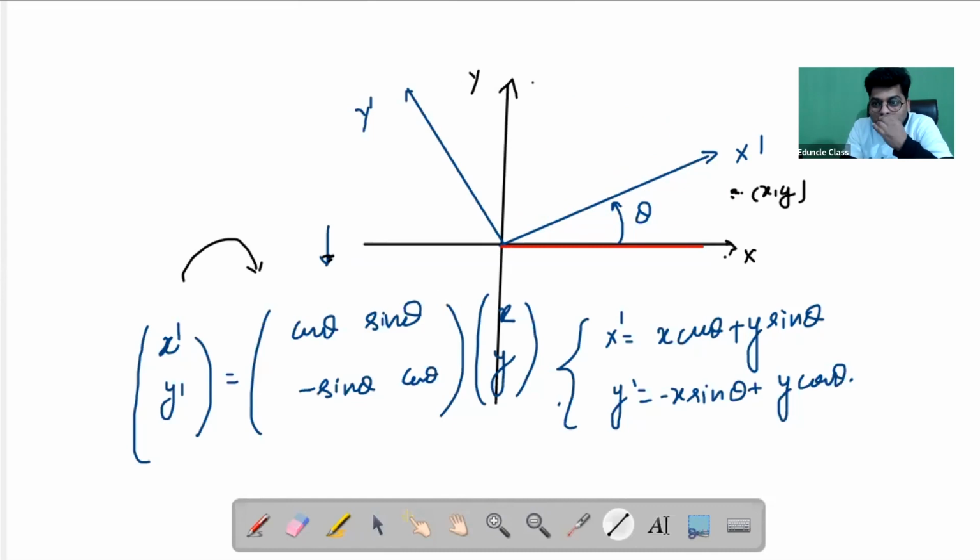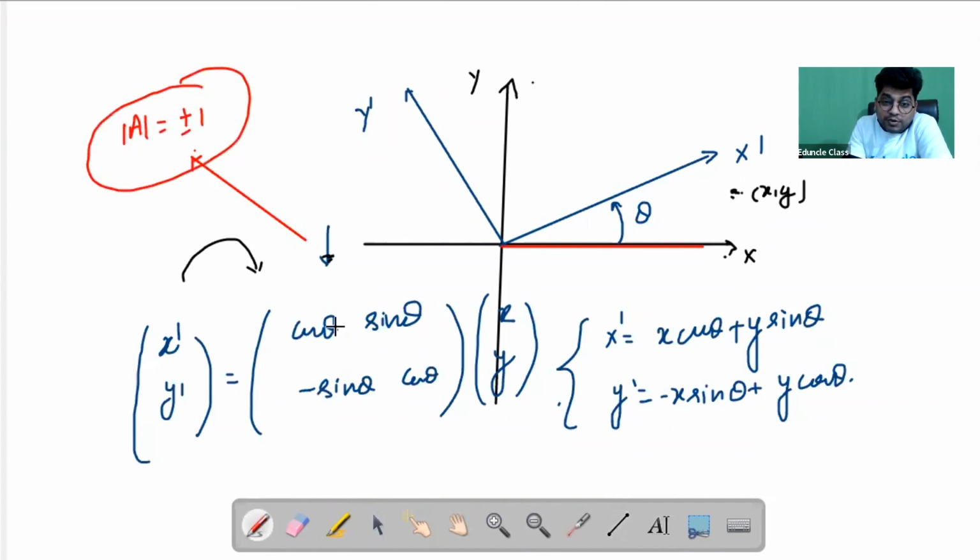So a rotation matrix is always orthogonal, and an orthogonal matrix has determinant plus minus 1.